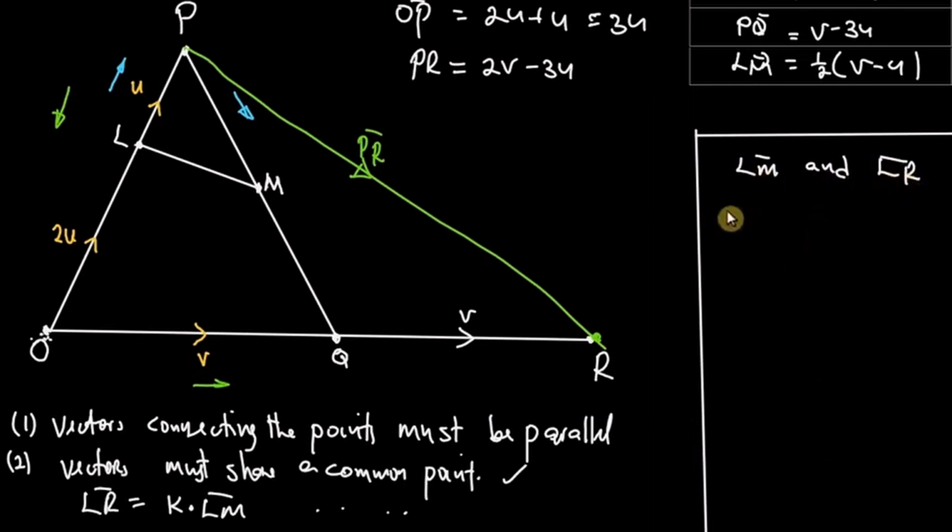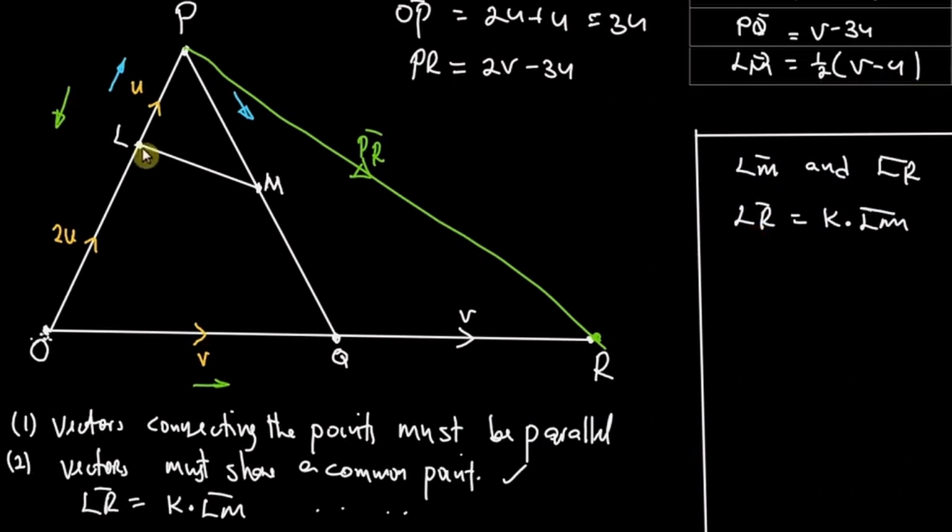To do this, we need to show that LR, the vector, is a scalar multiple, or a constant multiplied by, the vector LM. We already found the vector LM. We found that LM is equal to half v minus u. So let's proceed to find the vector LR.